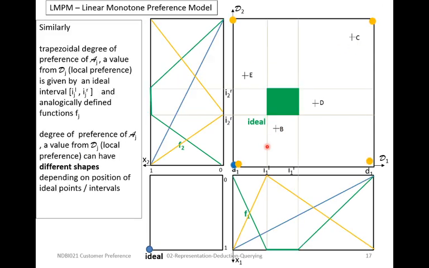Okay, what we see here is that these attribute preferences can have different shapes. Maybe there is an ideal interval, not only an ideal point, but maybe some ideal interval can be considered acceptable for this user. Similarly here in the first attribute, but maybe it can look like this blue one.